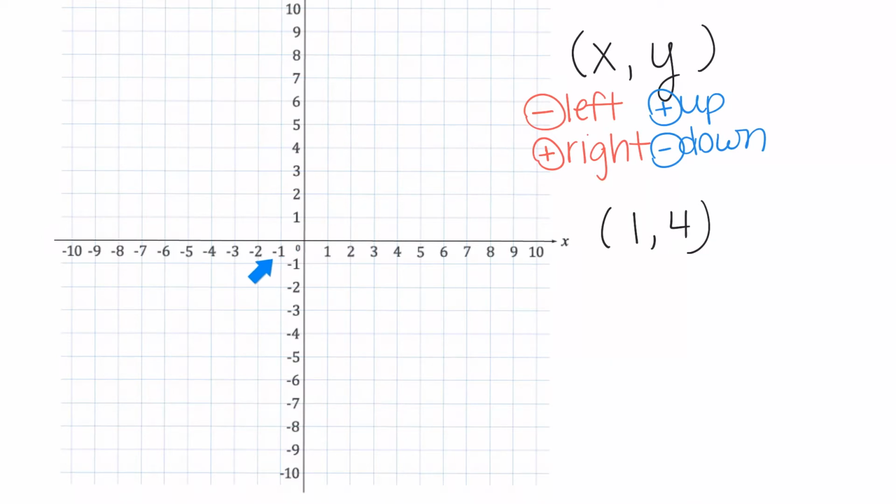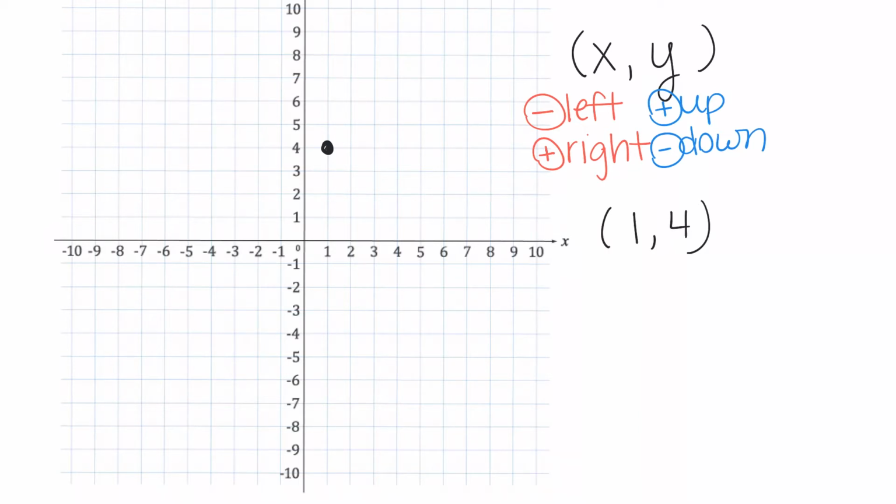So if I go to the left, I'm getting into the negative numbers, but I need a positive number. So I'm going to go right. From there, I'm going to go to my y value of 4. So I'm going to follow this line up to the 4 on the y, and I'm going to plot my point right there.